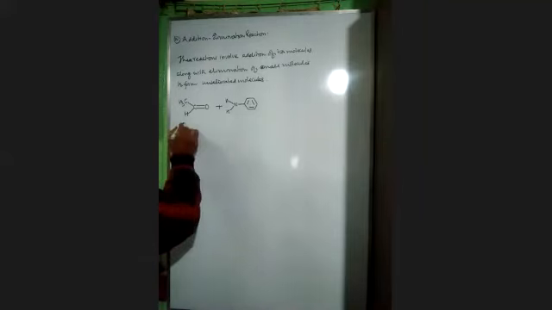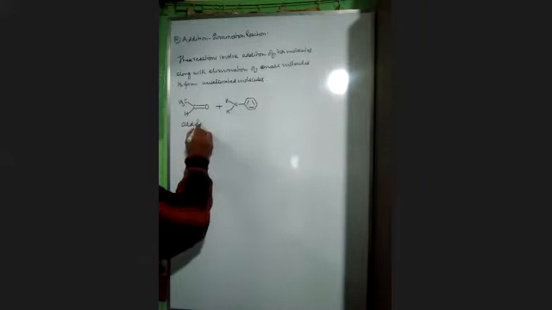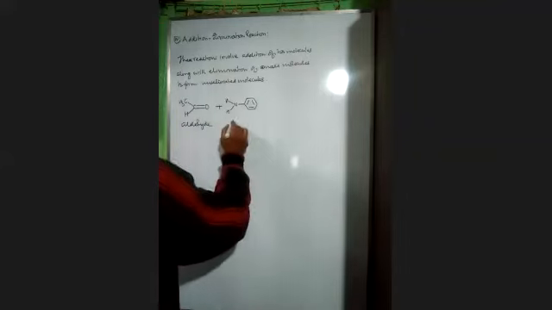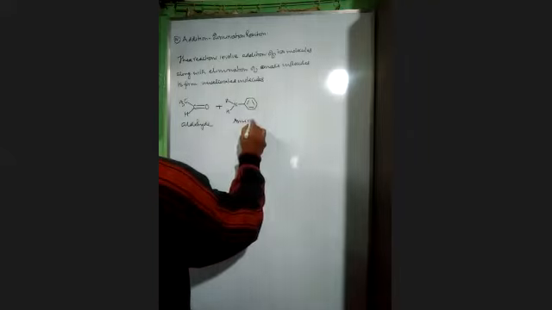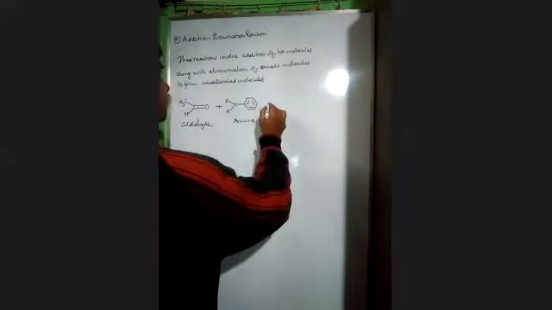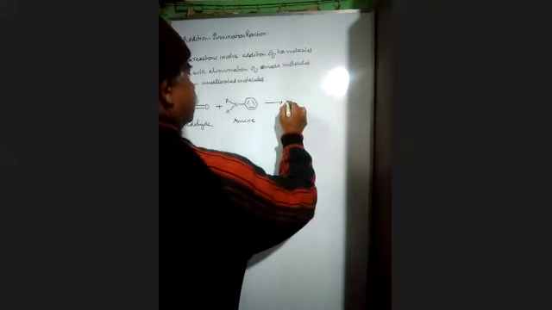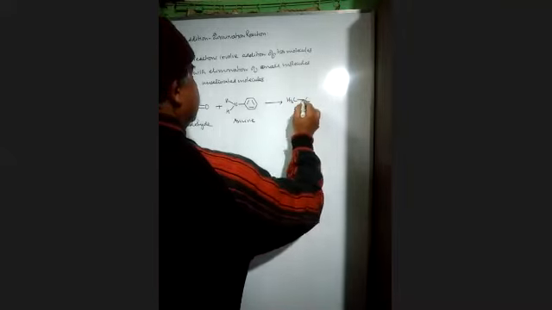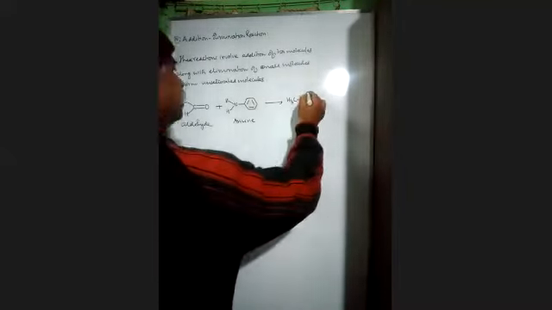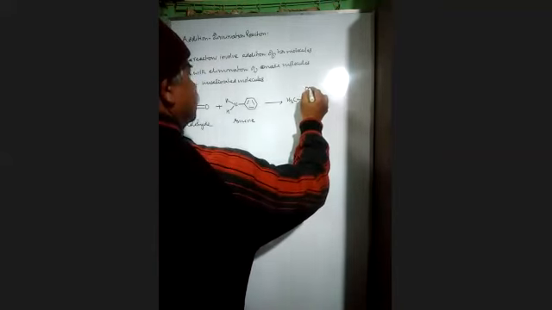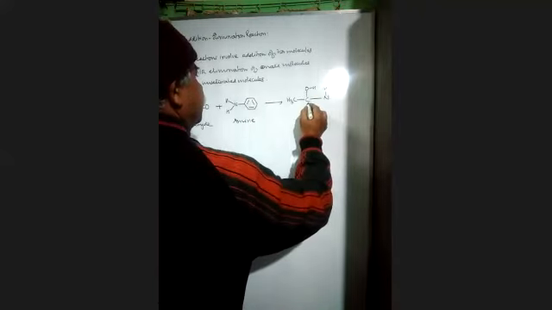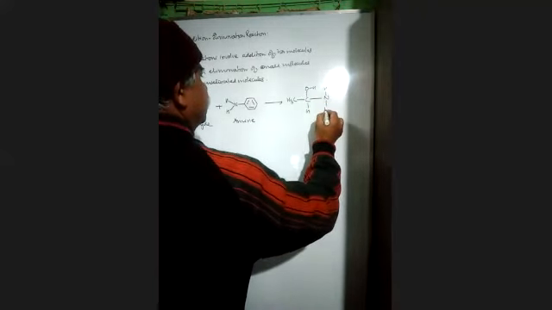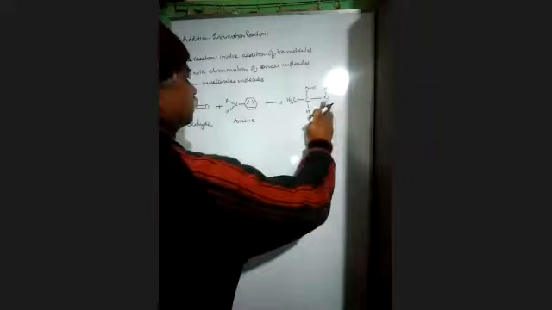Okay, this is an aldehyde. And this is an amine. See, first it adds. So what you will get now here? CH3, one of the hydrogen will go here. You get here NH. Sorry, this hydrogen goes here.